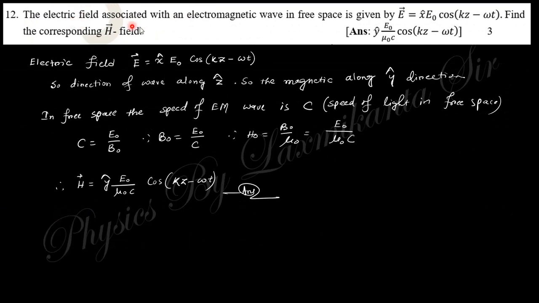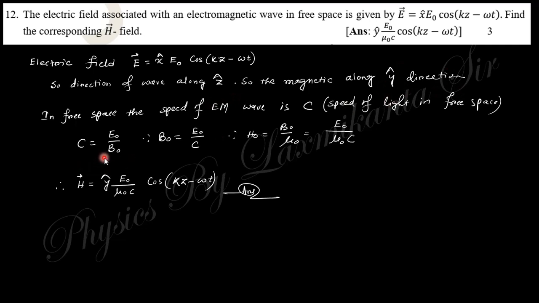Next question says the electric field associated with the electromagnetic wave is like that. This is the electric field, find the corresponding H. We can say this is minus, so this is positive y. The electric field is in the x direction, the wave is in the z direction, so the magnetic field is along the y direction, there is no problem.